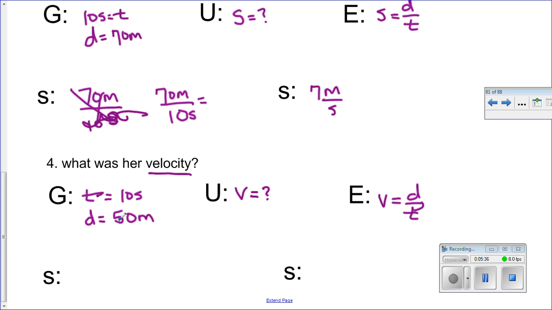This is pretty easy. Now let's go ahead and substitute. Substitute means to plug in, right? My displacement is 50 meters, make sure to use units, divided by 10 seconds. Good. Keep the units. They don't cancel out. 50 divided by 10, I put it in the calculator, and we get 5 meters per second.